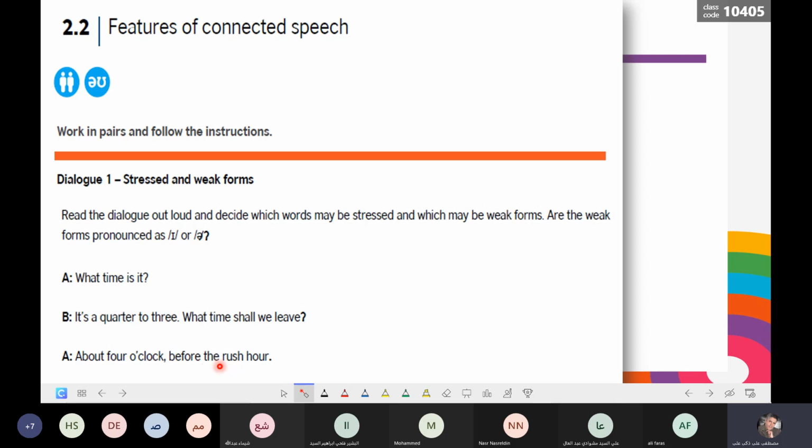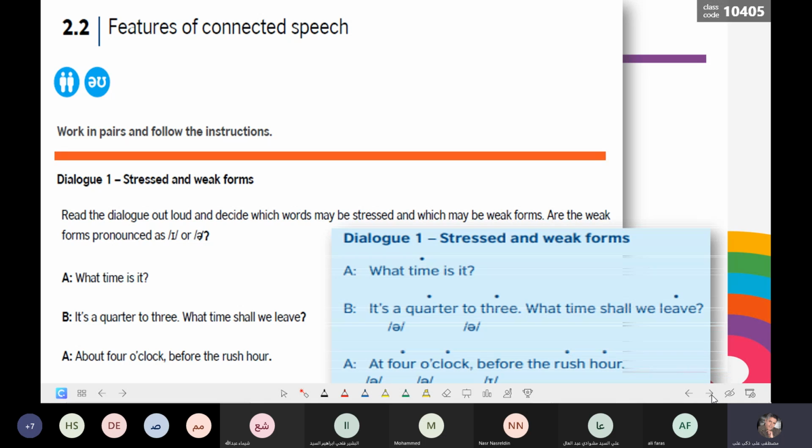And when we say before the rush hour, I think the word rush is going to be stressed because I need here to make it important for us, as if I'm reminding you, please hurry, make haste in order not to get stuck in the rush hour. Yes. To focus on.